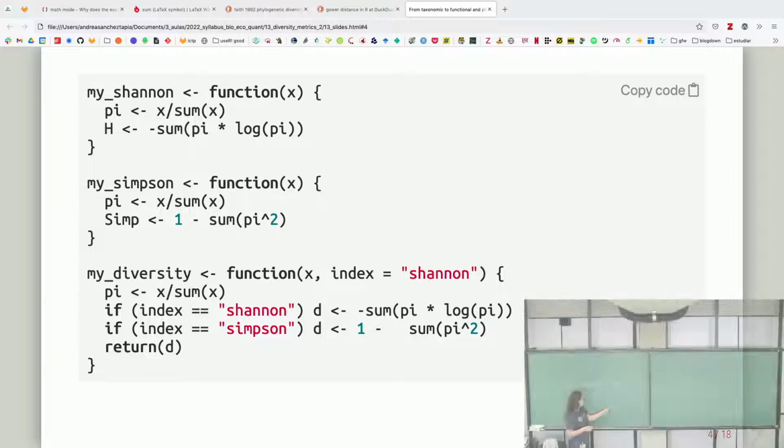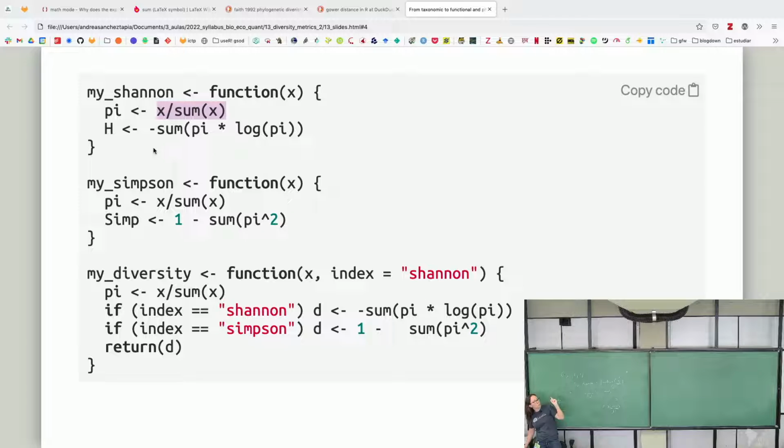So ln. And this is Shannon. So the first step is to calculate the relative proportions. The relative abundance is simply, if you take a vector, you could just divide the vector by the sum of the elements, and that's okay. It will give you a vector of relative abundances. You can check this in your code.